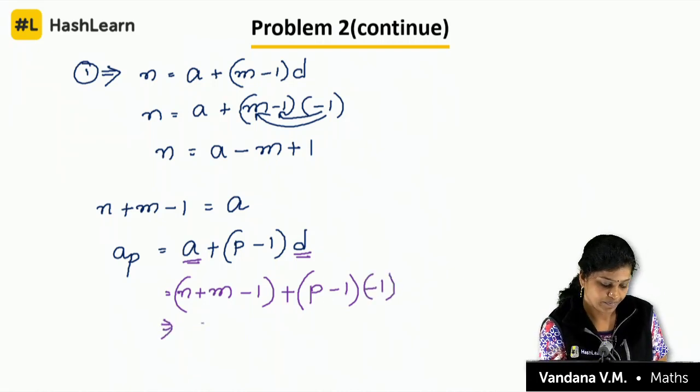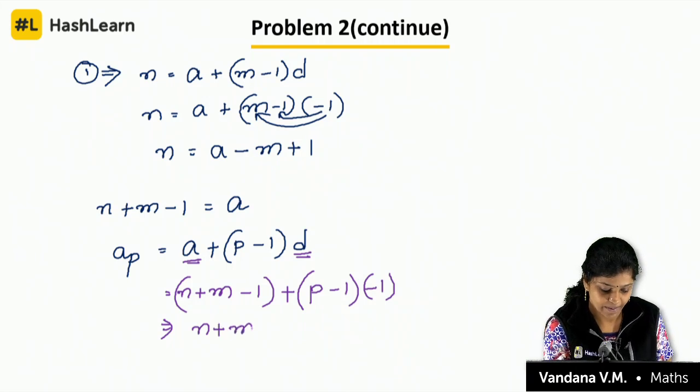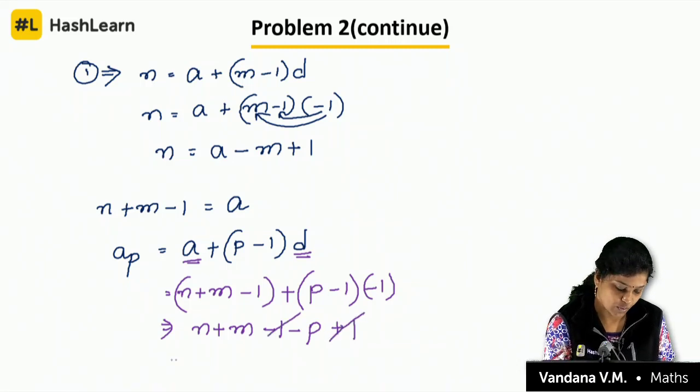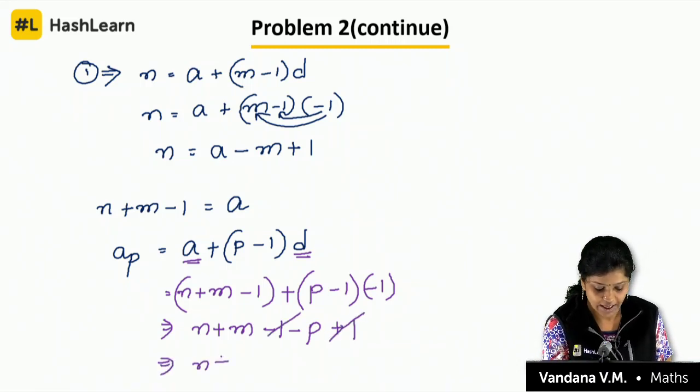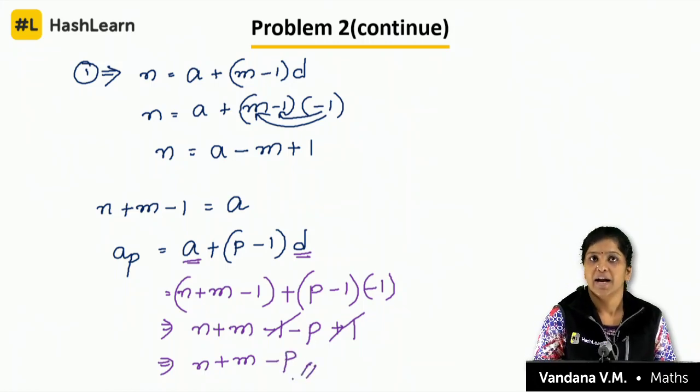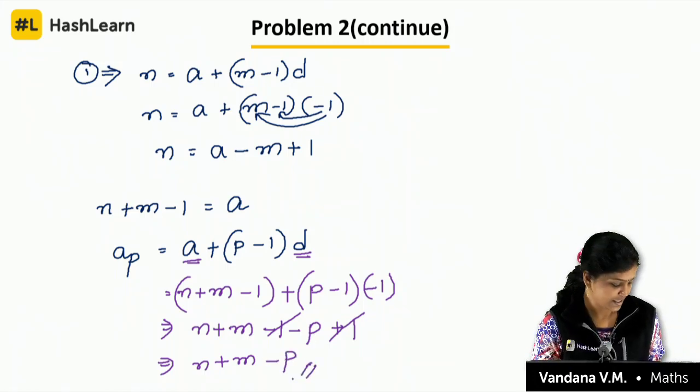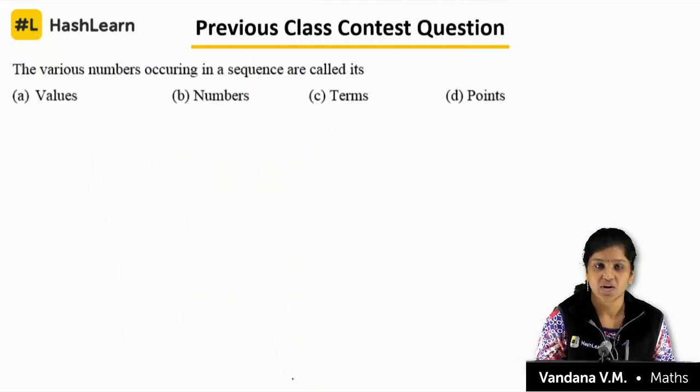Now, multiply. n plus m minus 1 multiply with minus, that is minus p plus 1. So, both will get cancelled, that is n plus m minus p. Understood, right? Yes.